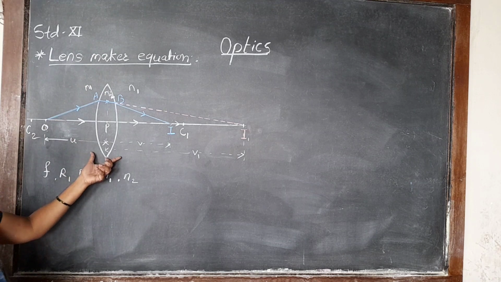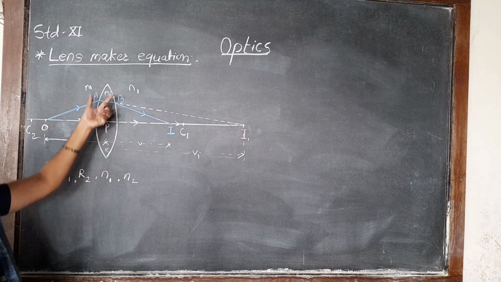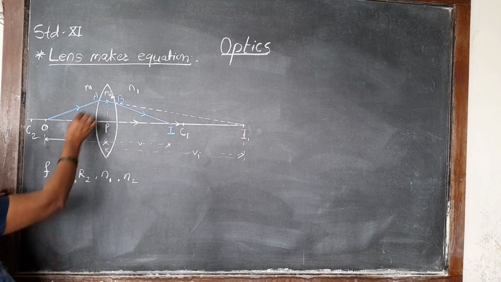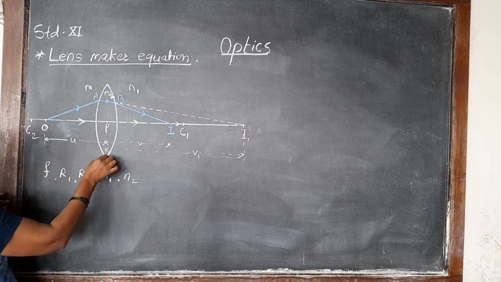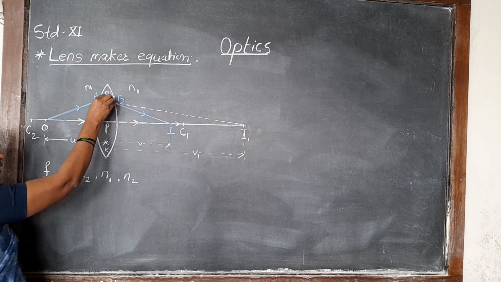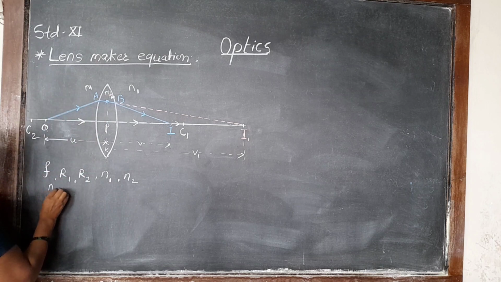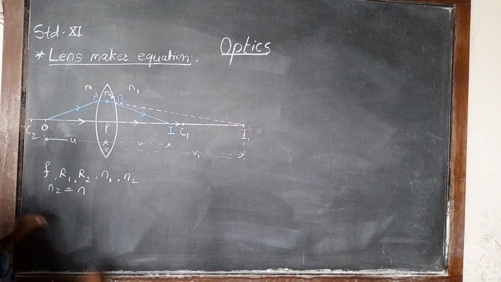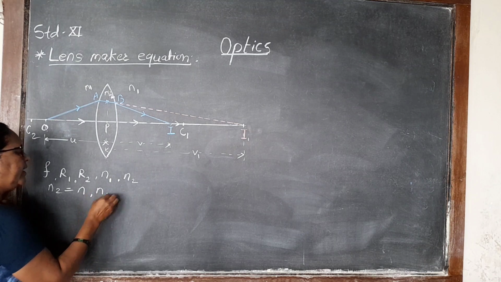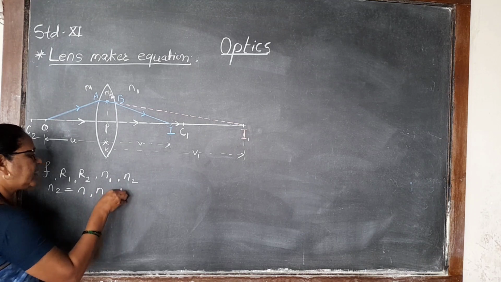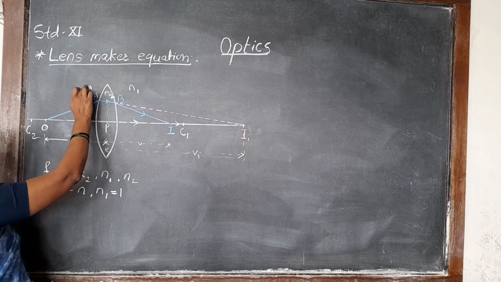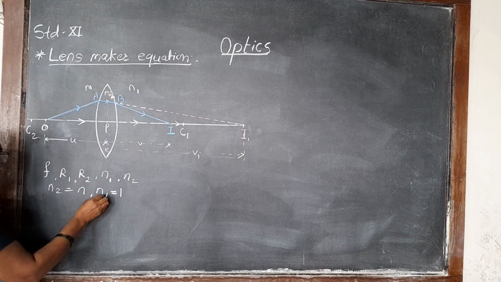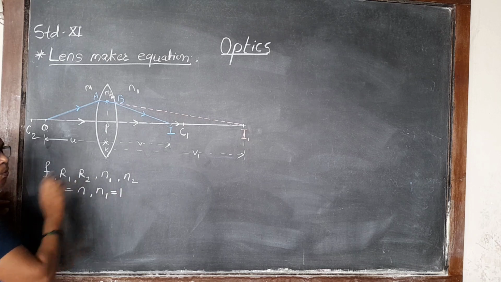So here is the diagram. First understand the diagram. This is the lens of refractive index N2. Let the refractive index of the material of the lens be N, and the lens is kept in air, so the outside medium has refractive index N1 which is equal to 1.